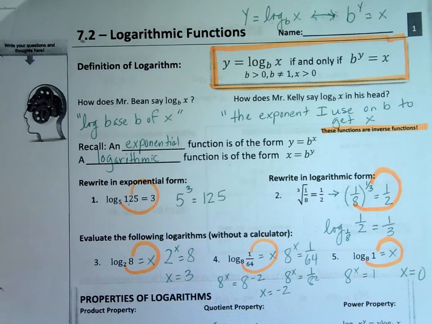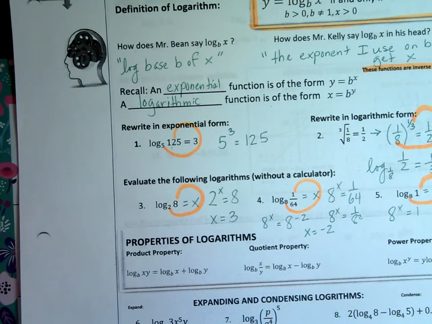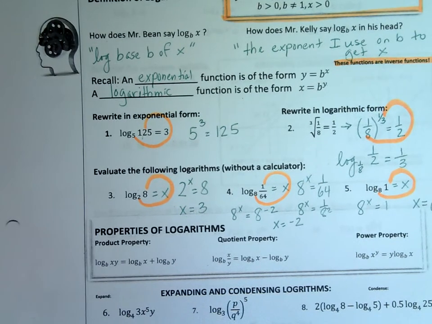All right, so let me go to the next thing I want to show you: rules for logarithms, properties of logarithms. But before I show you that, I want to remind you of some properties of exponents.